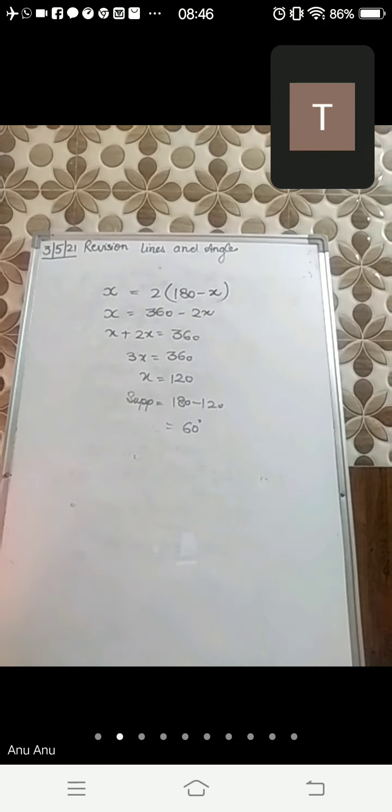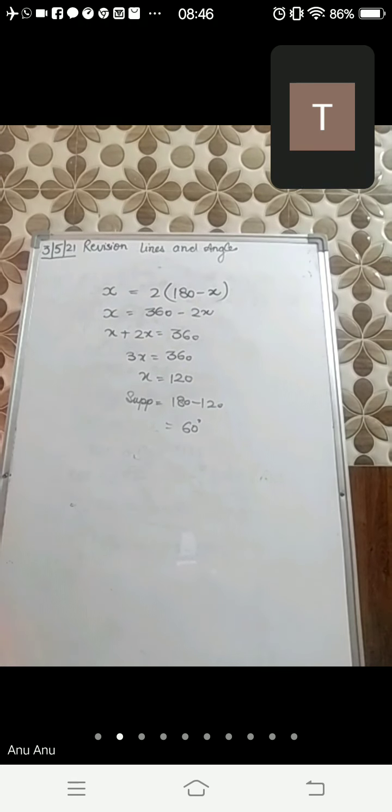Is it okay? Write down next. Two supplementary angles differ by 48. Find the angles. There are two supplementary angles. Let the angle be x and its supplementary angle is 180 minus x.